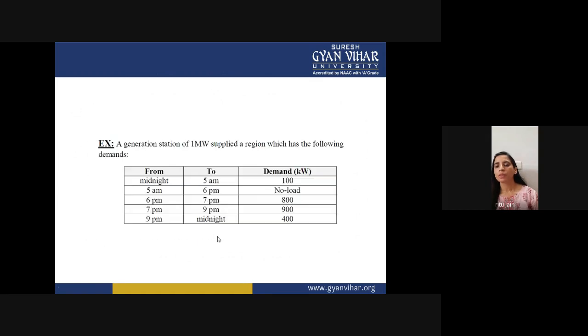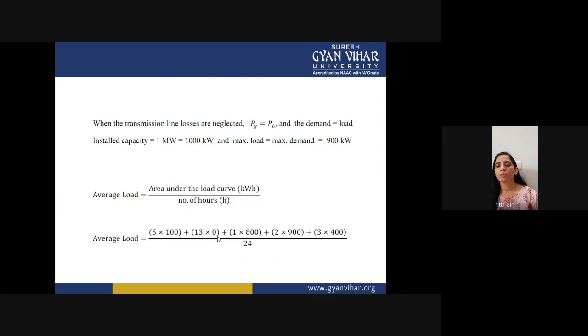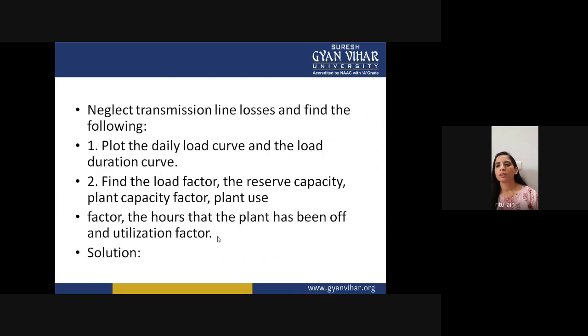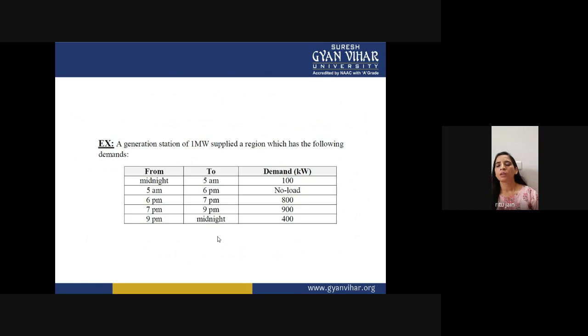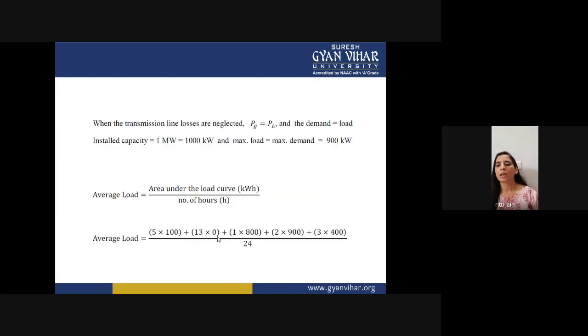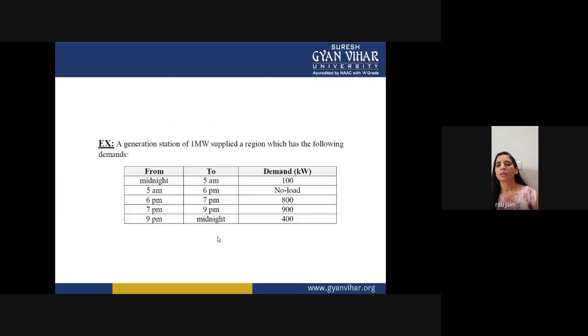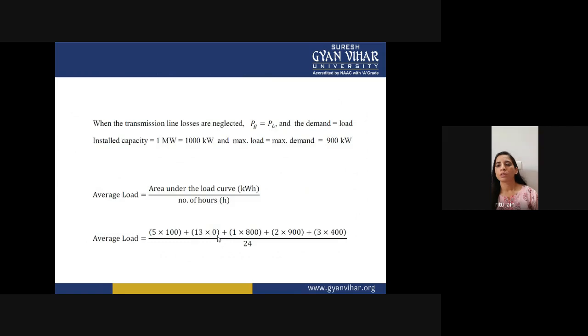Then for 1 hour you are using 800 kilowatt, so 1 into 800 kilowatt. Then you are using 900 kilowatt for 2 hours, so 2 is multiplied by 900. Then for 3 hours you are using 400. So the load which you are using for a particular time period can be calculated by the area under the load curve.